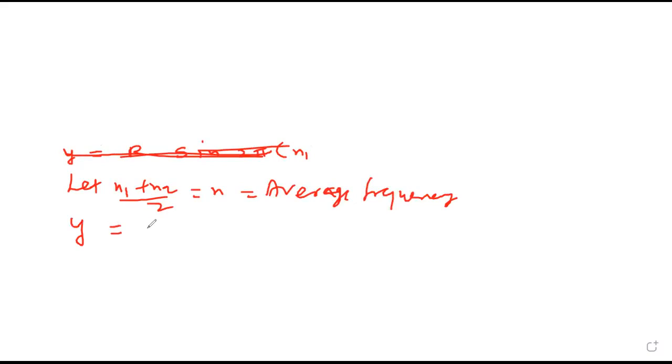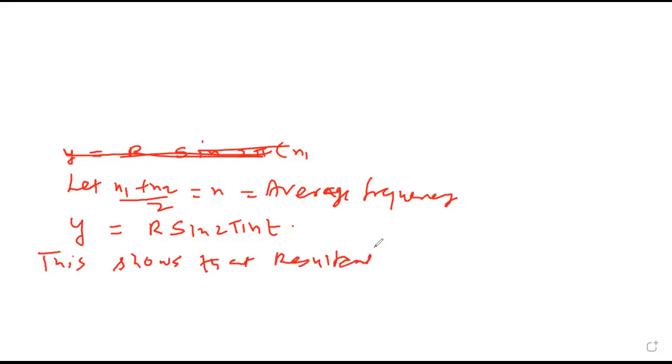So y will become r sine 2 pi nt. This shows that the resultant displacement is oscillatory in nature.